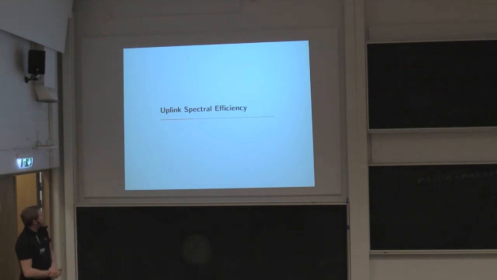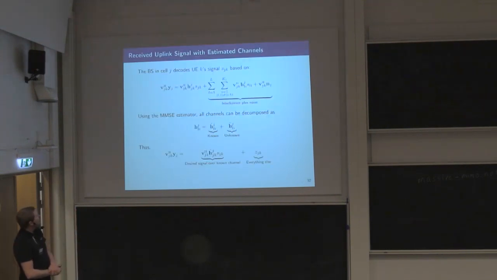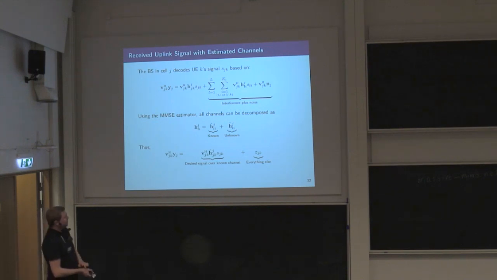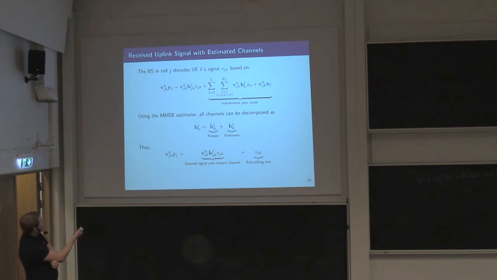Before we take a break, let me just briefly start with the uplink, what we are doing when we receive data in the uplink. This was the kind of signal that we had before, where I selected an uplink combining vector, v_jk, that I multiply with my received signal y in order to try to decode the signal s_jk that comes from my user of interest.